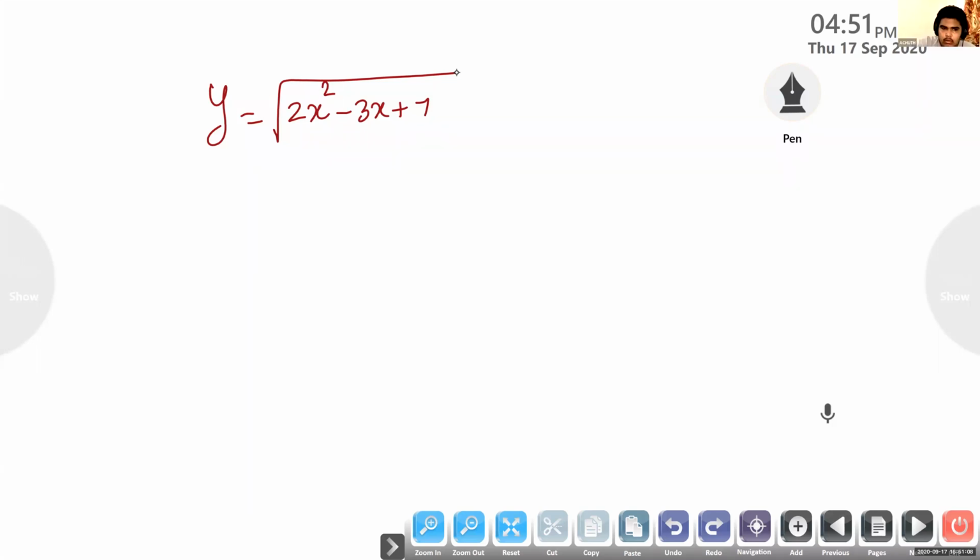Root means raised to 1 by 2. Very good. So y is 2x squared minus 3x plus 7 whole raised to 1 by 2.